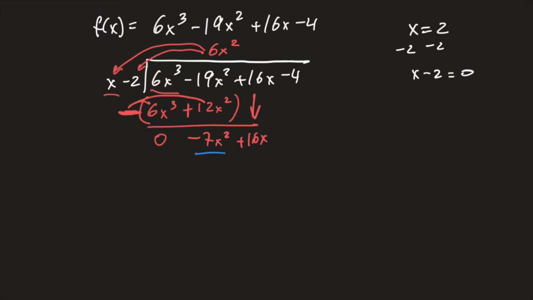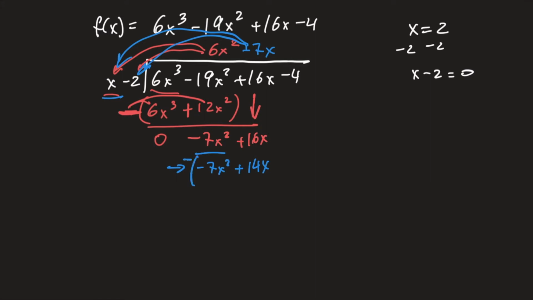So negative 7x squared divided by x, that is just negative 7x. And now I'm going to multiply again to get my values down here. So negative 7x times x is negative 7x squared. Negative 7x times negative 2 is positive 14x.